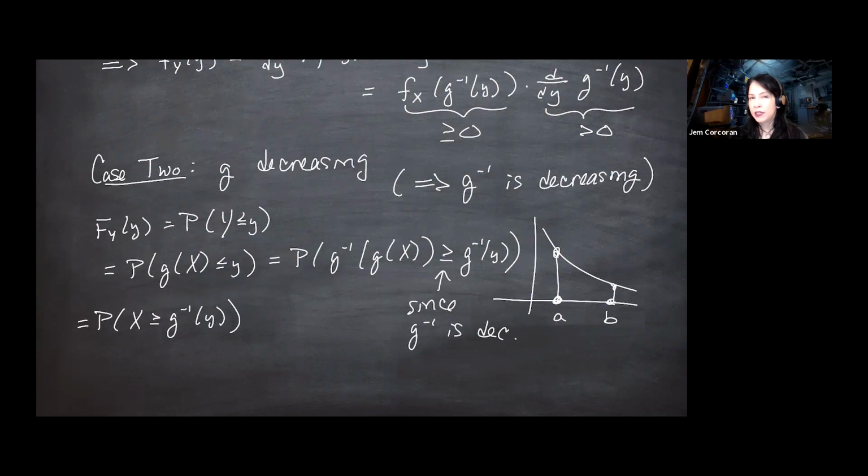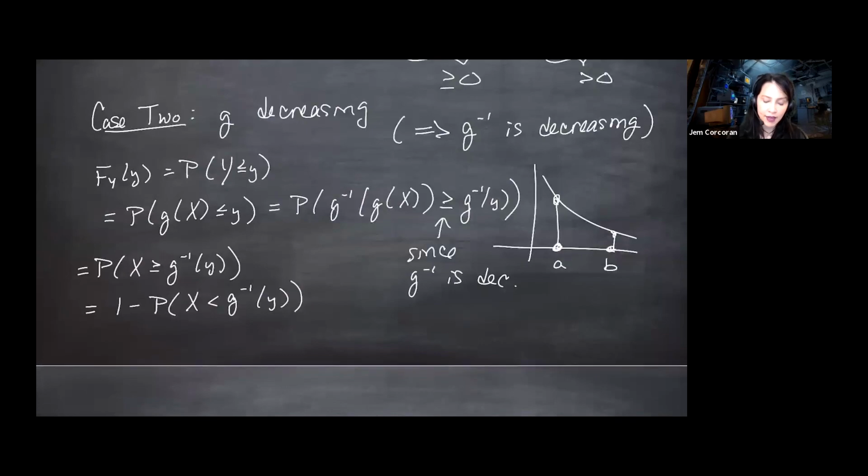Now I want to relate this back to the CDF for X. I'm going to flip this around. This is 1 minus the probability that X is less than g inverse of y, the complement of that probability, which is not quite the CDF if X was discrete, but since X is continuous, this is the same thing as having less than or equal to there.